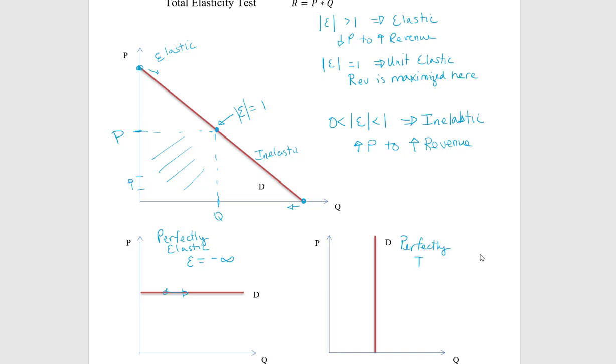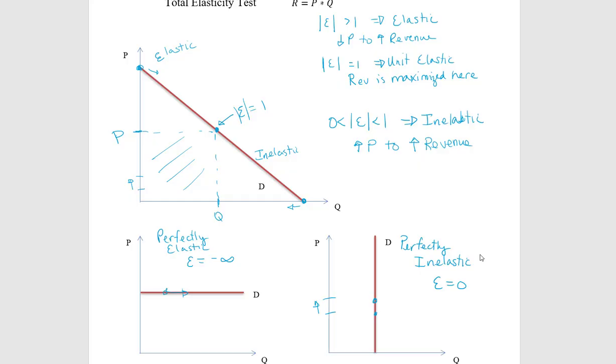The graph on the right is perfectly vertical, and we call this perfectly inelastic. This happens when elasticity is 0. The producer can change the price, and we are not responsive at all. So no matter what the price is, we're going to buy the exact same amount of the good.